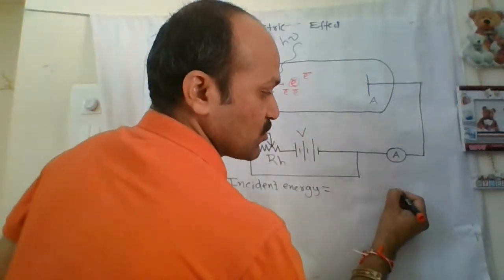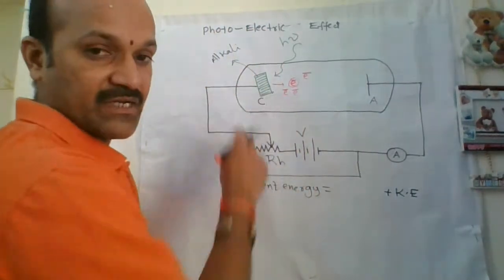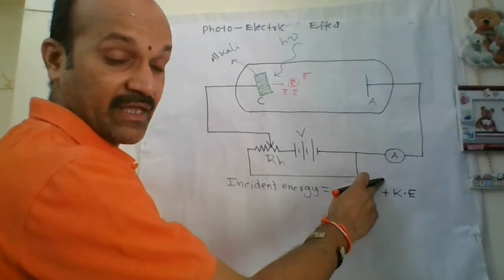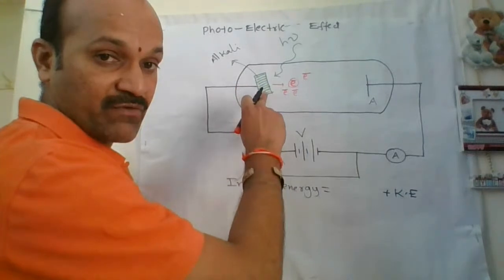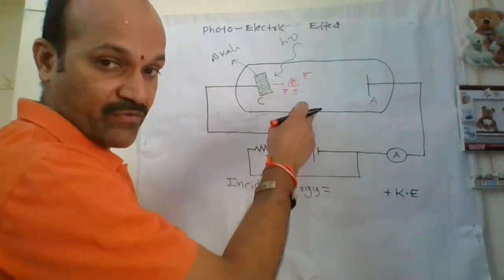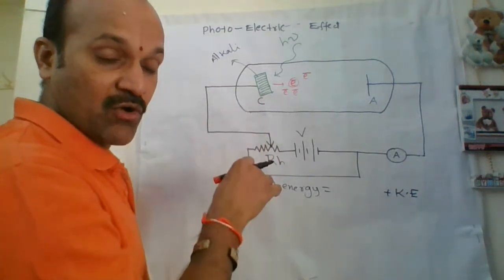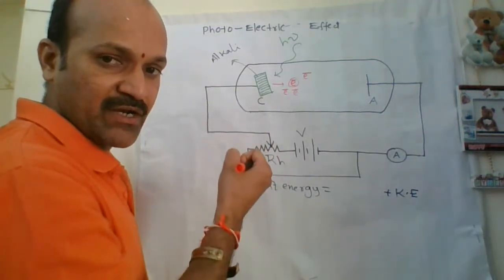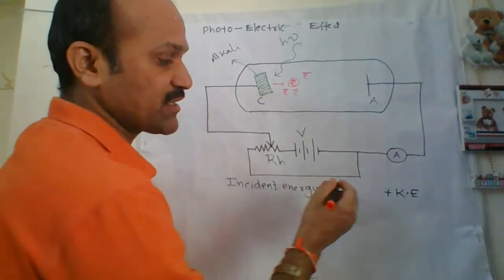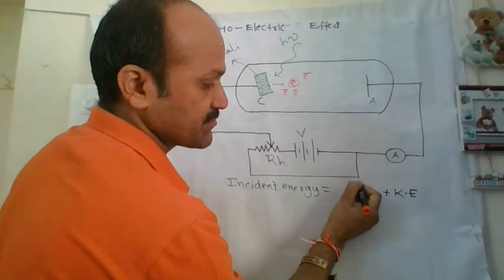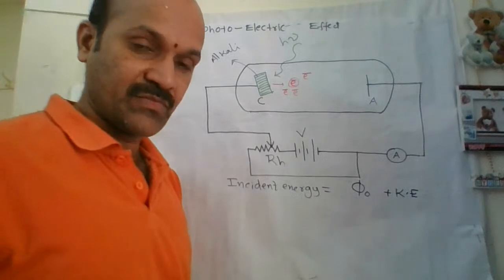The incident energy is converted as kinetic energy of the electron. Before emission of electrons from the metal, the electron consumes some energy to come out of the material, right? That is called the work function.